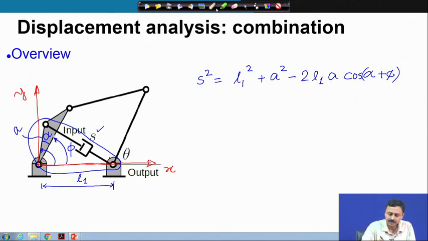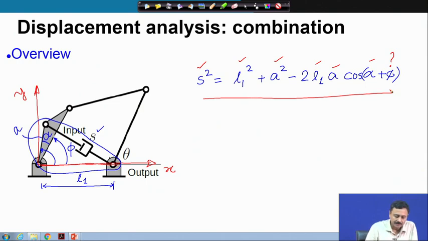Now, in this equation I know S, L 1, A and alpha. What is unknown is phi. Therefore, we can solve this to find out phi.